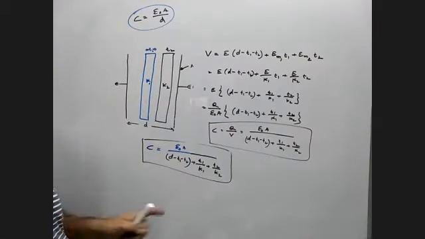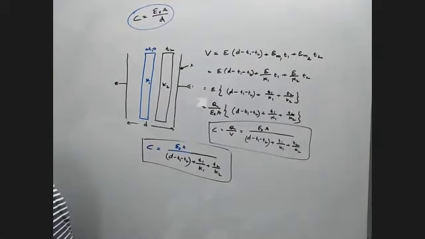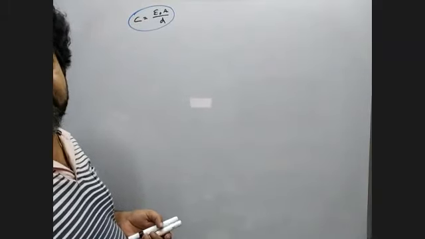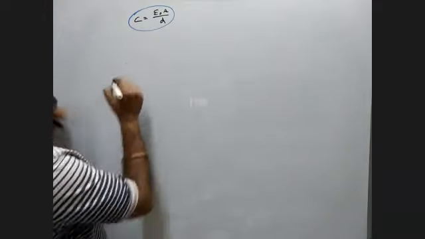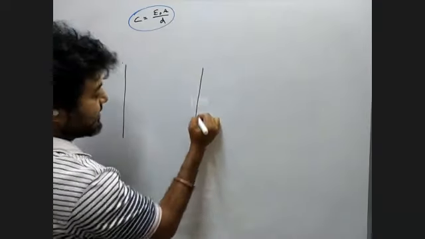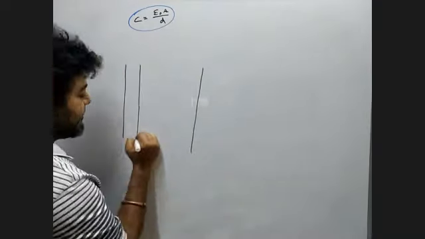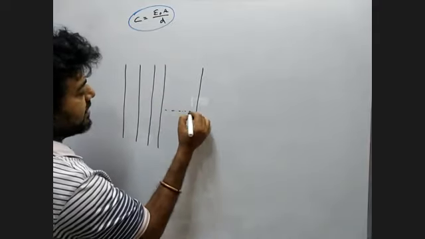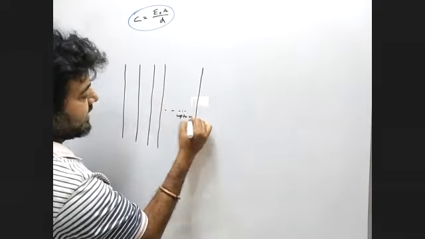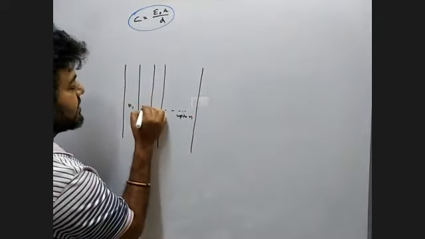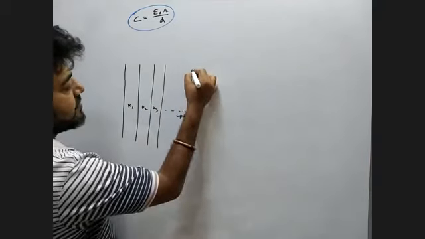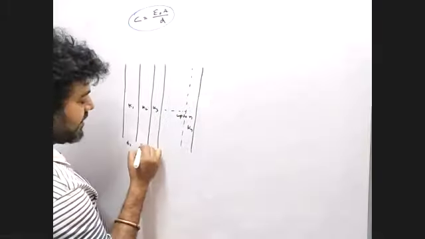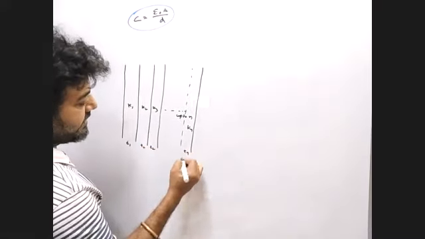Everyone okay? See, you get the same answer. Similarly, suppose the examiner asks you about a plate like this, with 1, 2, 3, up to N slabs, K1, K2, K3, up to Kn, and thicknesses T1, T2, T3, up to Tn.